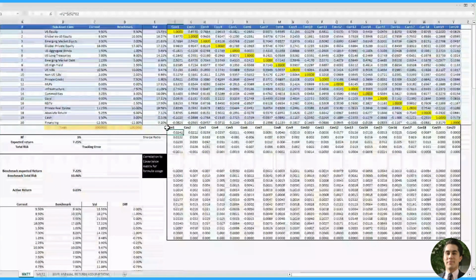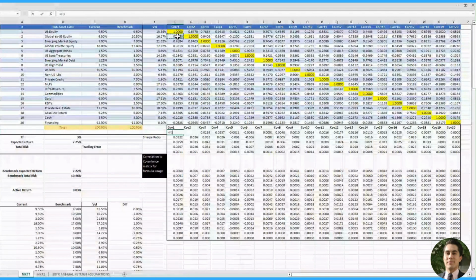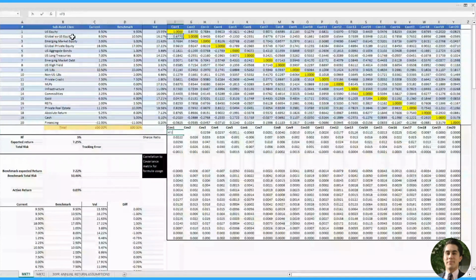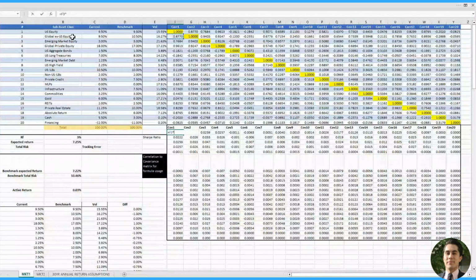In this case, if we start with this one, it will be F2, because it's the correlation between US equity and global ex-US equity, times E2. E2 is our volatility, or standard deviation, for US equity, times the same.